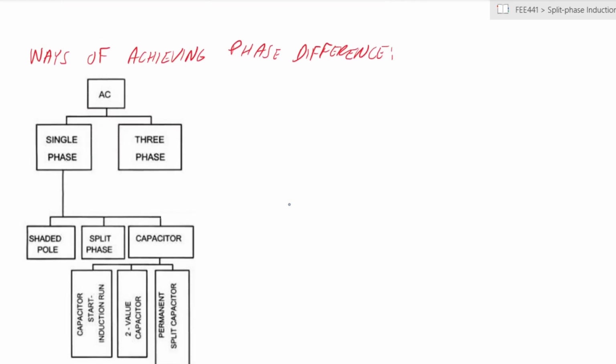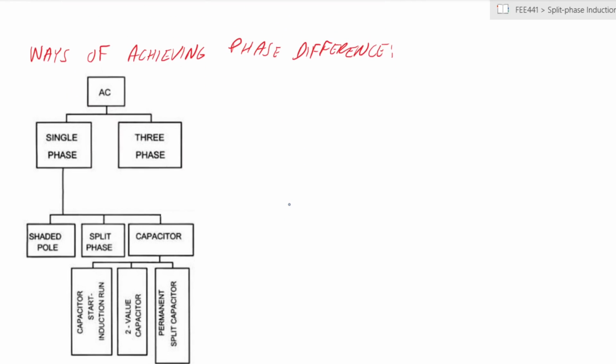There are different ways in which we achieve the phase differences that we are talking about with regards to AC motors. Previously, we talked of the three-phase motors, which we were calling squirrel cage motors. Those were the three-phase induction motors. And the single phase motors have various ways in which they generate that starting torque.